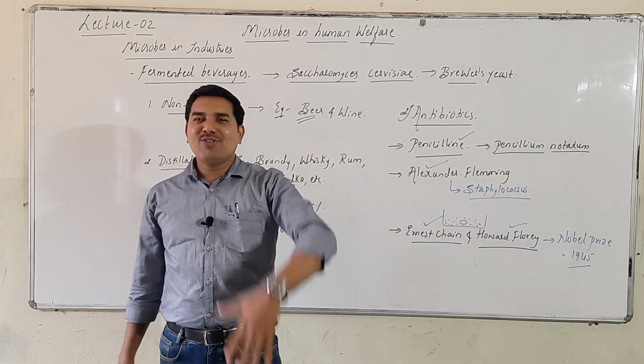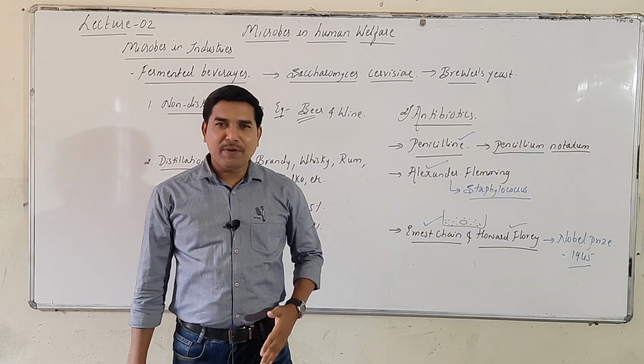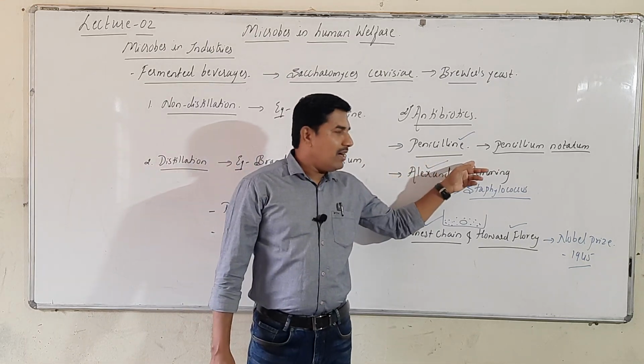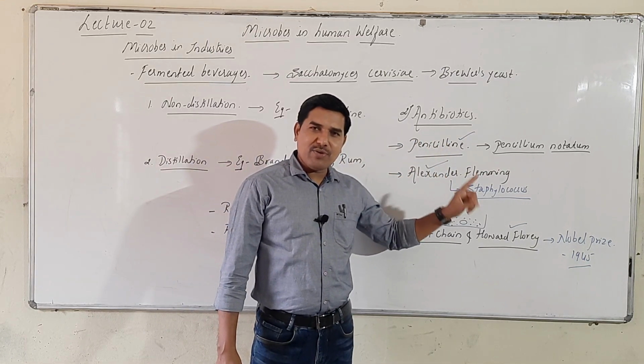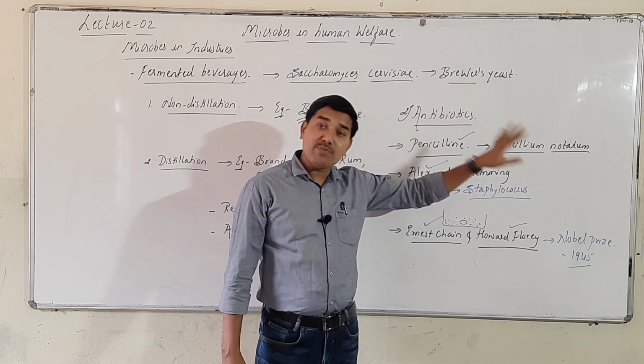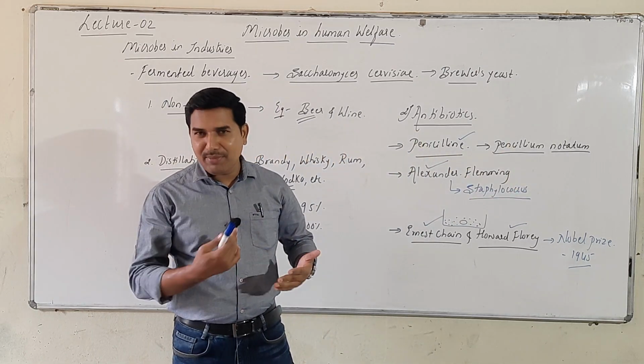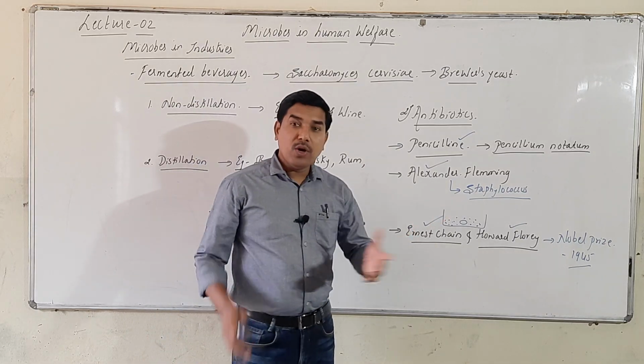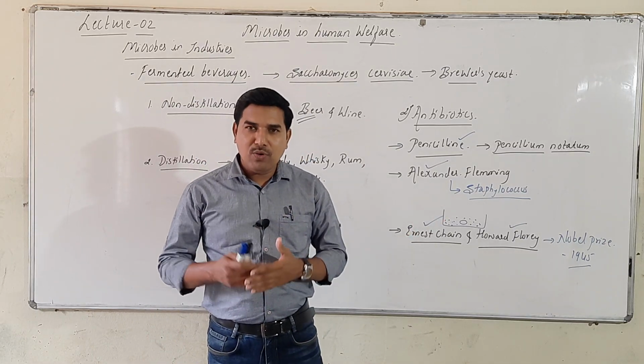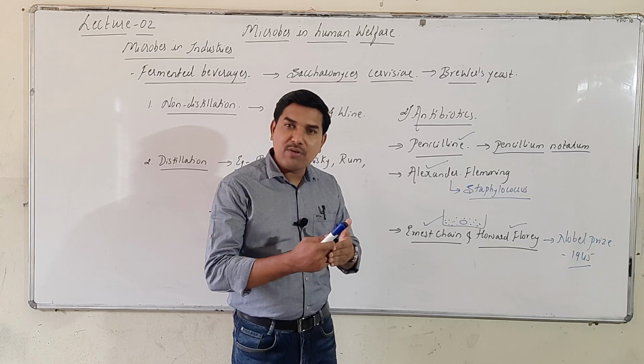Then what you need to remember here: name the first antibiotic that was discovered. It is penicillin. It was discovered from which microorganism? Penicillium notatum. Who discovered it? Alexander Fleming. Who gave the therapeutic value, the medicinal property for it?